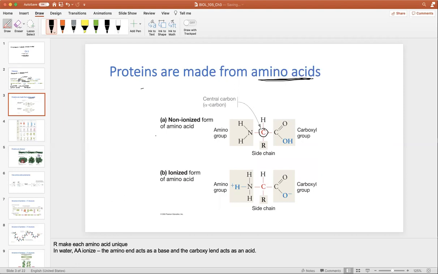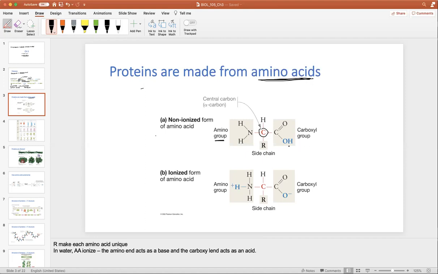So you have the central carbon, you have a hydrogen, and then at one end you have a functional group called an amino group. So this NH2 is called an amino group. And at the other end of the amino acid, you have what's called a carboxyl group. It's a functional group that's a carbon double bonded to an oxygen and then single bonded to an OH, or a hydroxyl, right here.